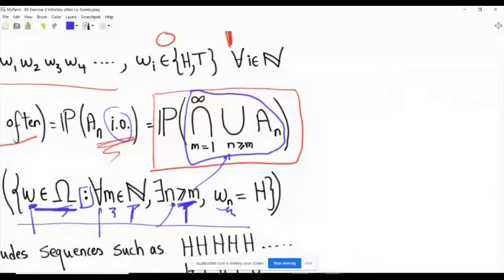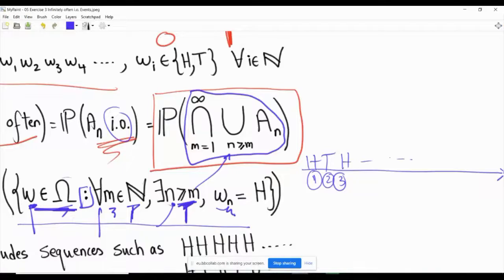So what does this mean? Each element in omega is an infinite sequence: head, tail. This is the first position, second position, third position, and so on.